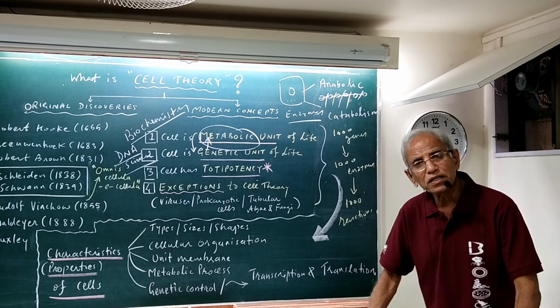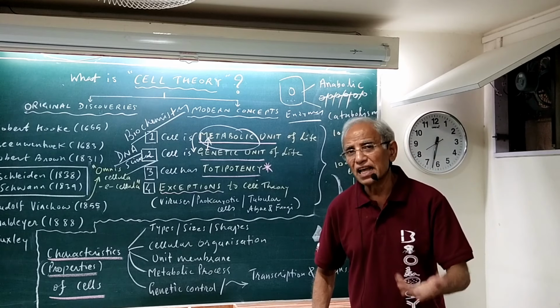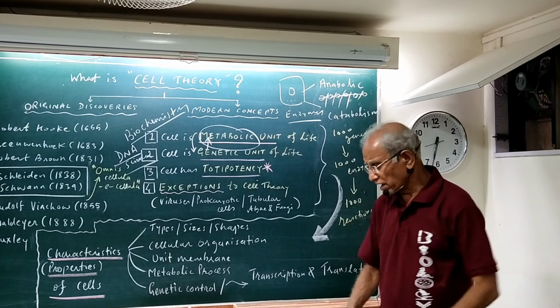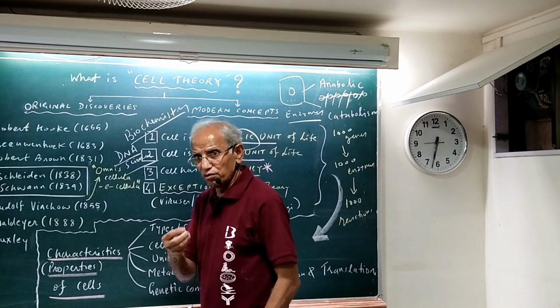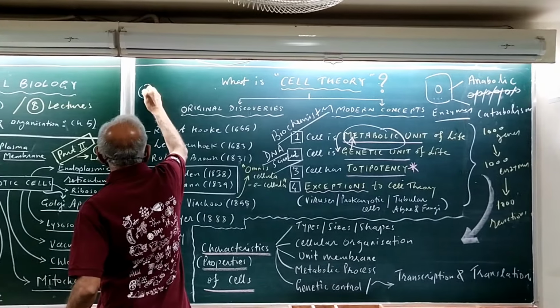What do you mean by totipotency? The totipotency means the ability of the cell to give rise to the entire organism. Yourself, myself, we started our development from a single cell.